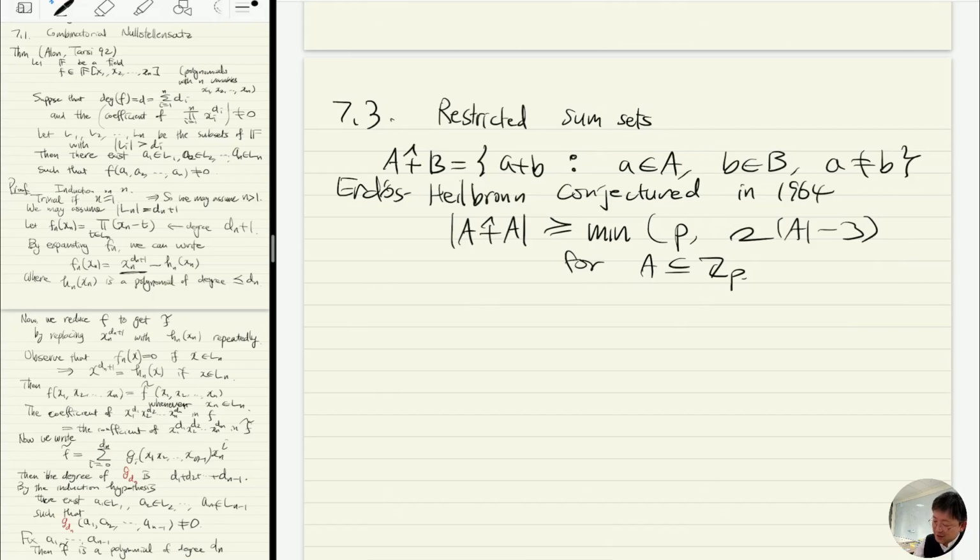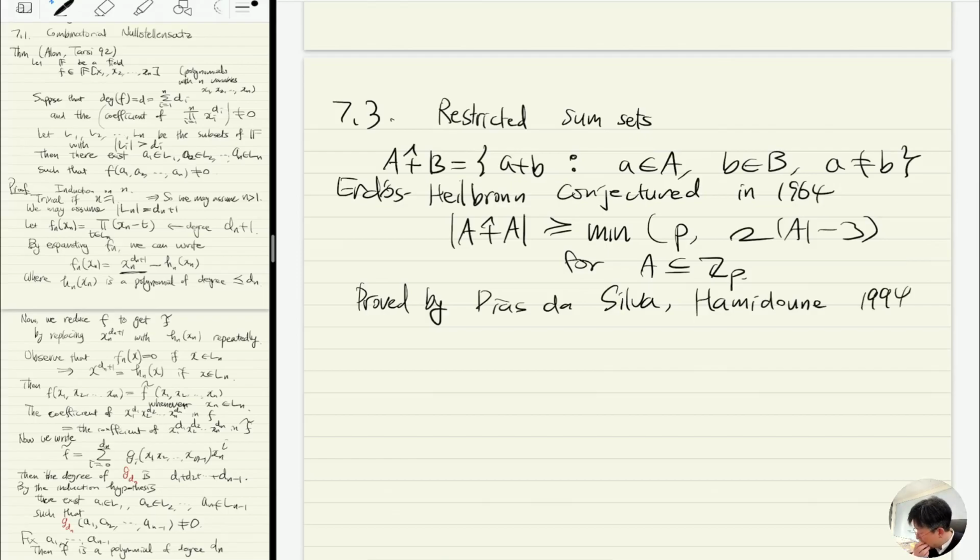It was first proved by Dias da Silva and Hamidoune in 1994 by using tools from representation theory.